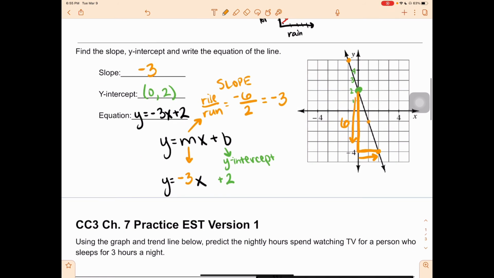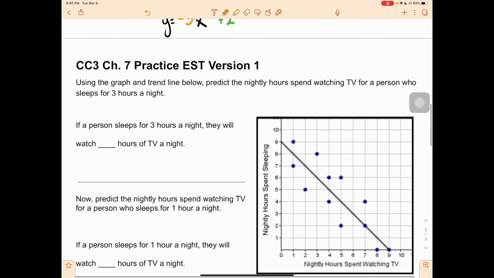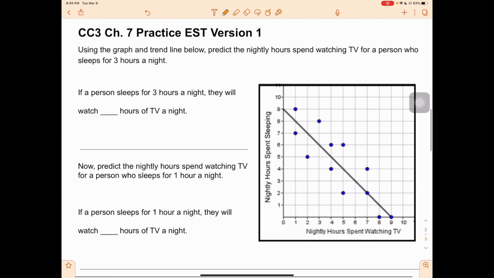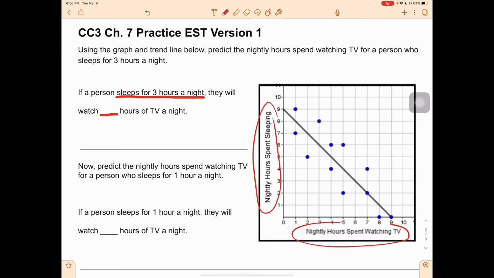Okay, so now here's this one below. It says, using the graph and trend line below, predict the nightly hours spent watching TV for a person who sleeps for 3 hours a night. So if a person sleeps for 3 hours a night, they will watch blank hours of TV a night. So we know a person sleeping for 3 hours a night. That is not enough sleep, by the way. You want to look here on your graph and see which of the axes are about sleeping.